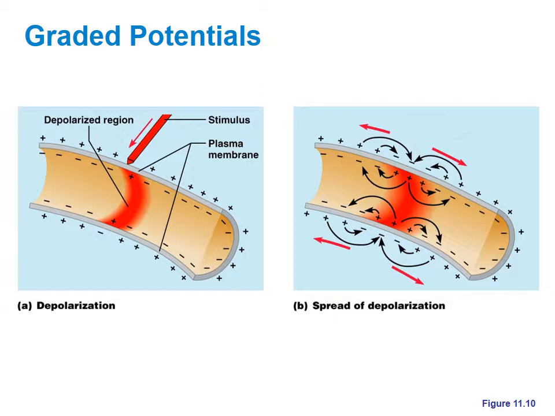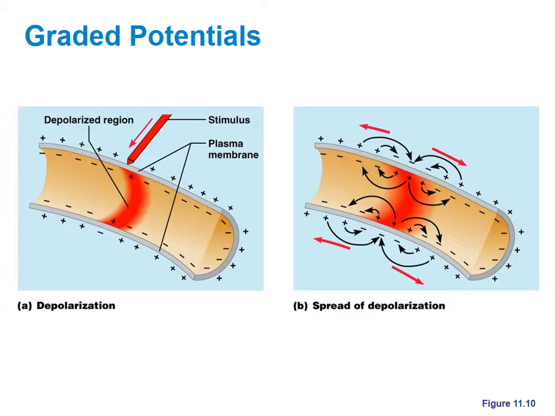The graded potential is depicted here. We will discuss these again later, but for now, a ligand-gated channel binds its chemical and opens. One of the ions will flow across the membrane, but then the gates close and the pump restores the gradient.